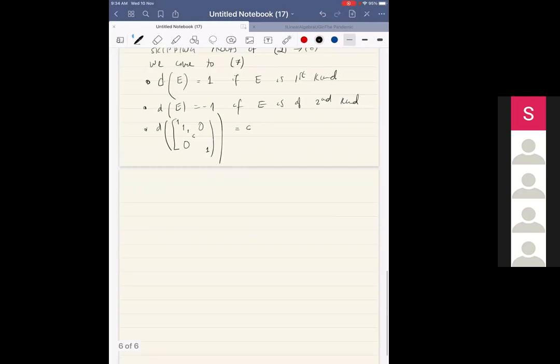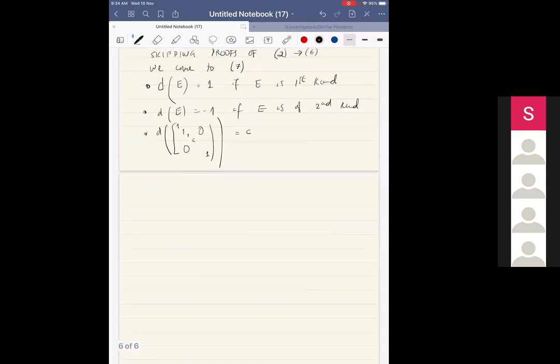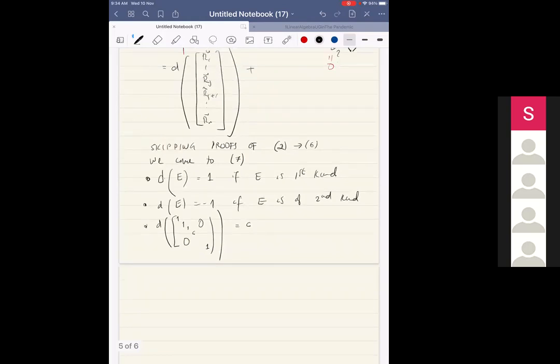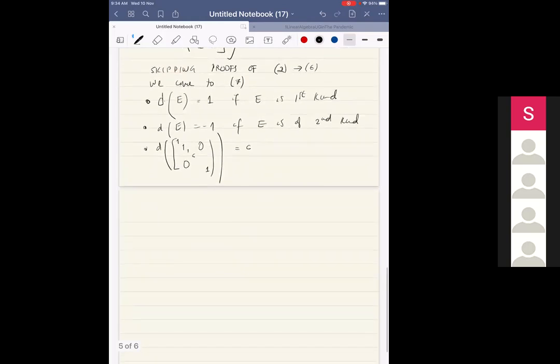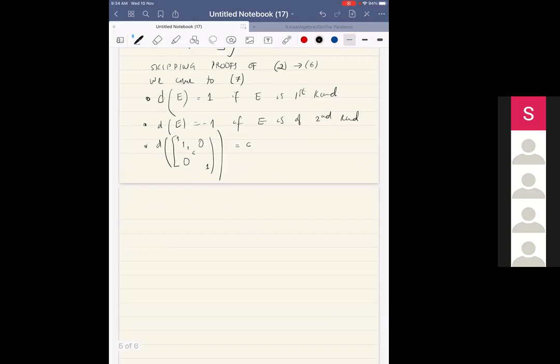So why is that? Let us look at, let me call this A, B, and C. So C is the easiest part.